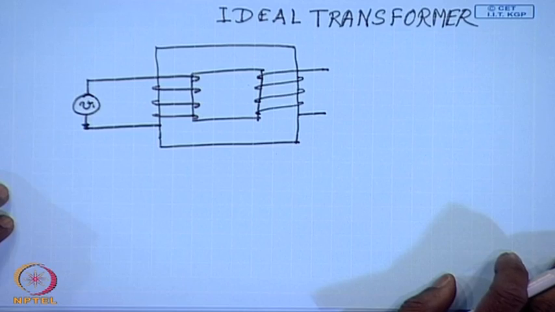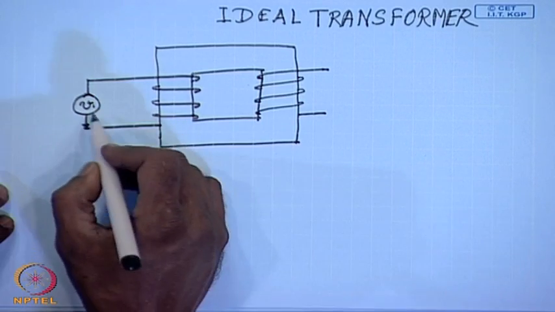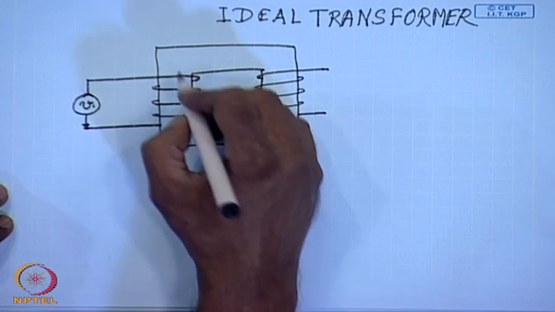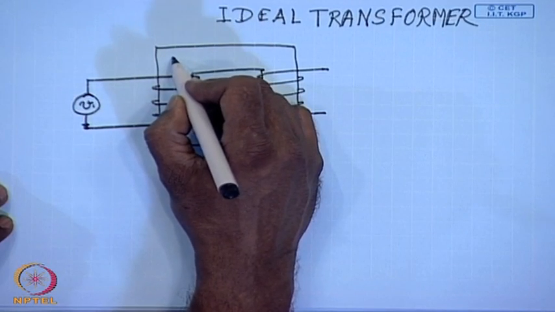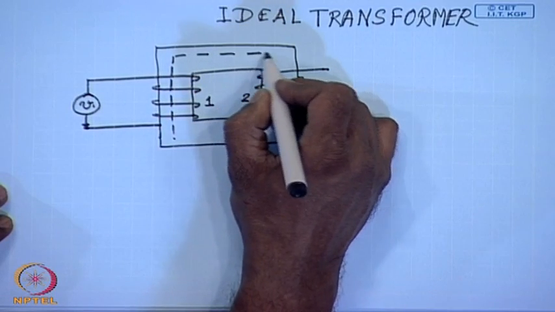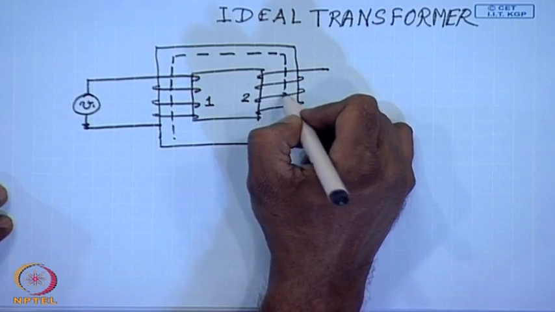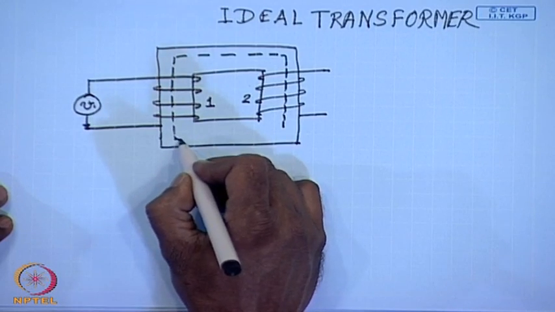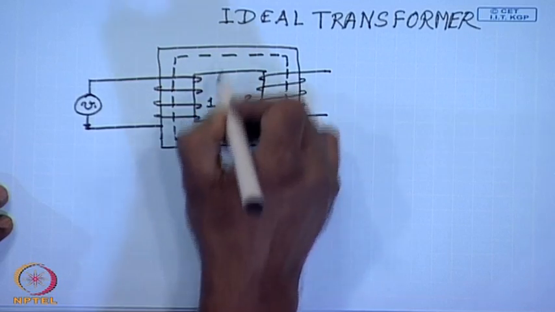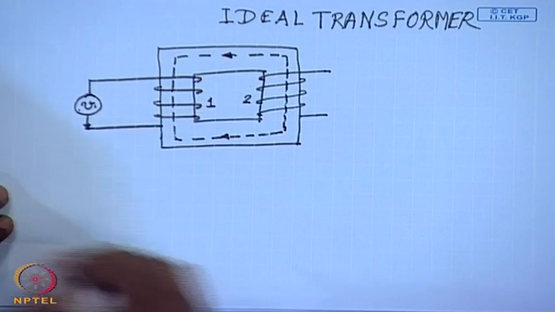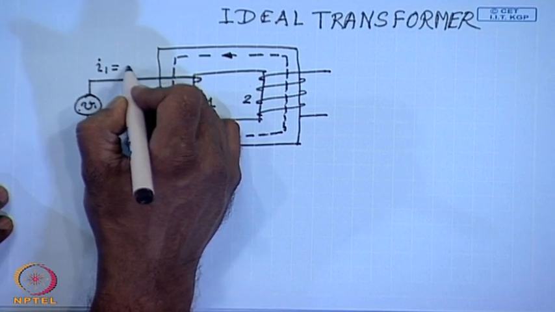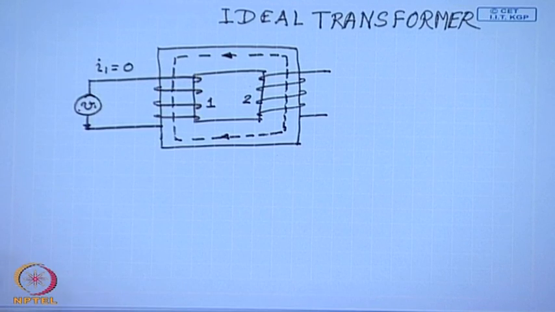As we have mentioned, when a voltage V1 is applied across coil 1 of an ideal transformer, a flux phi m is established in the core. However, in order to just establish this flux, no current is drawn from the source, that is, under this condition I1 is identically equal to 0.